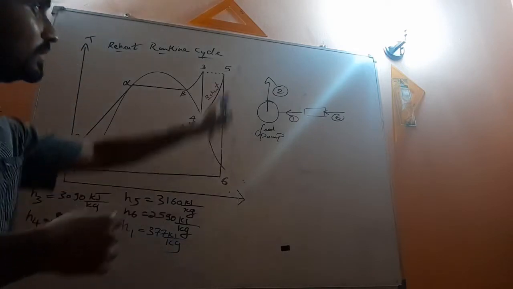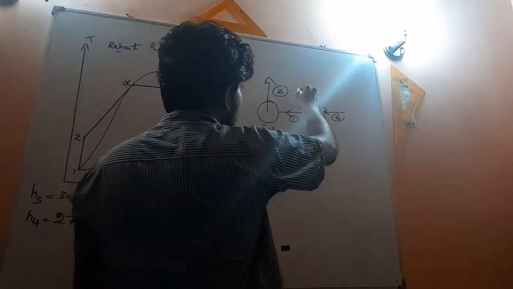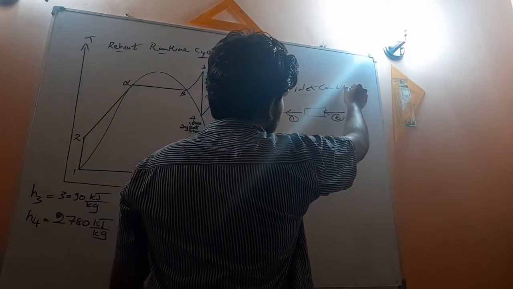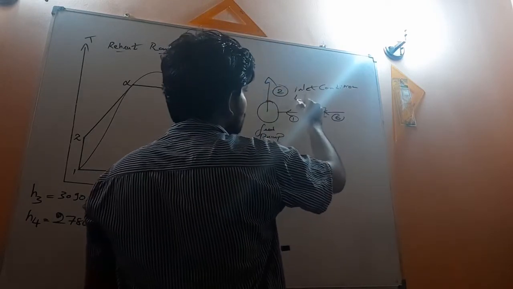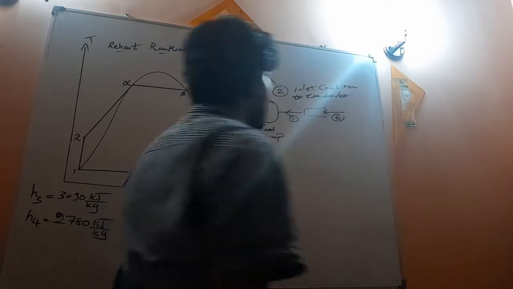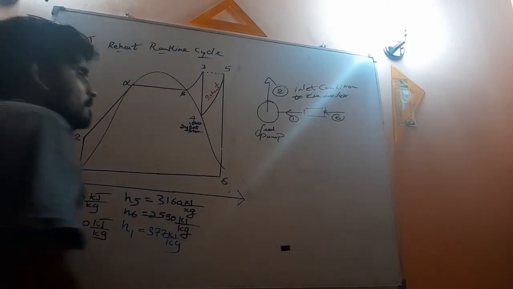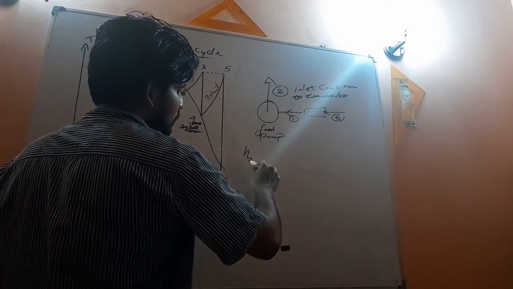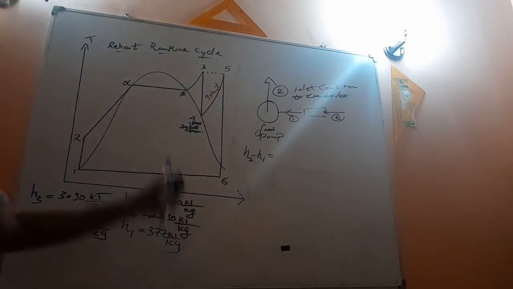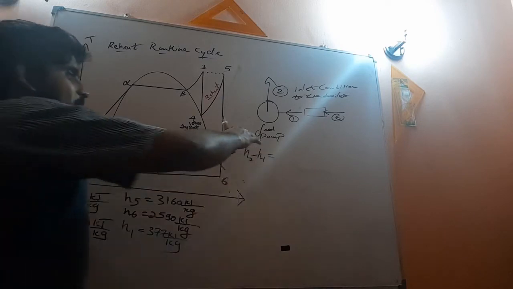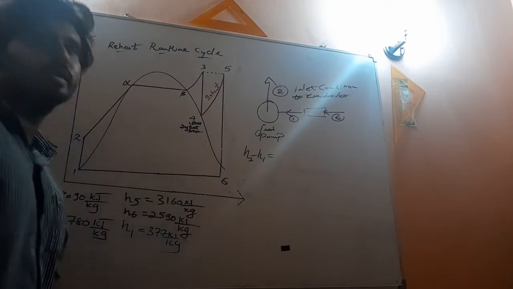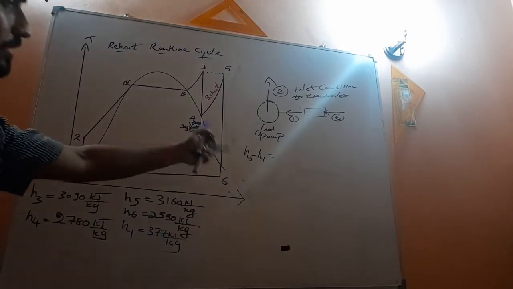So what is state 2? State 2 is the inlet condition to the boiler, right? So now you have to find the pump work. Pump work is H2 minus H1, the difference in enthalpy, because you have to use the feed pump to pump it back to the boiler. So definitely the H2 enthalpy must be higher than the H1 enthalpy. That is why H2 minus H1 is the pump work.